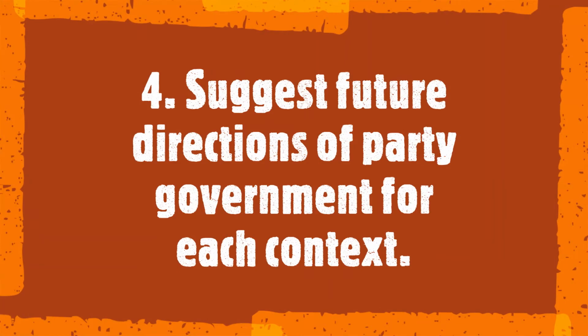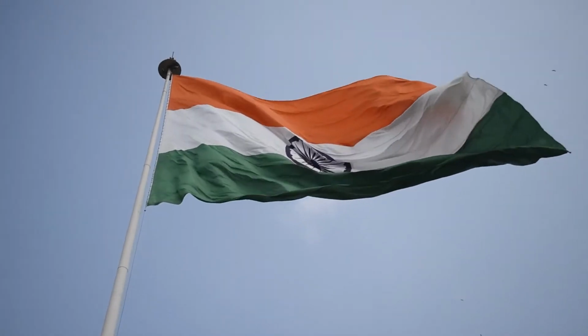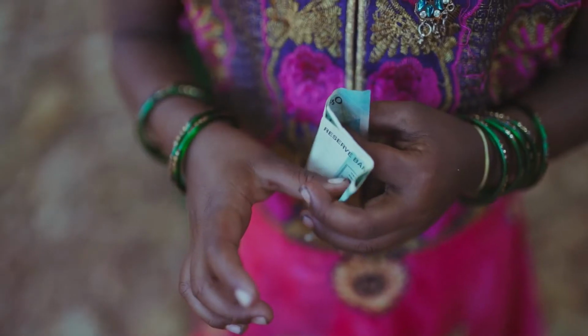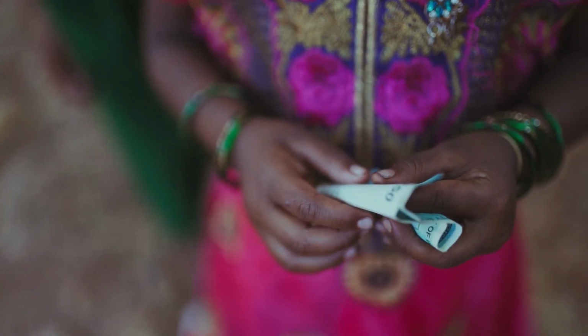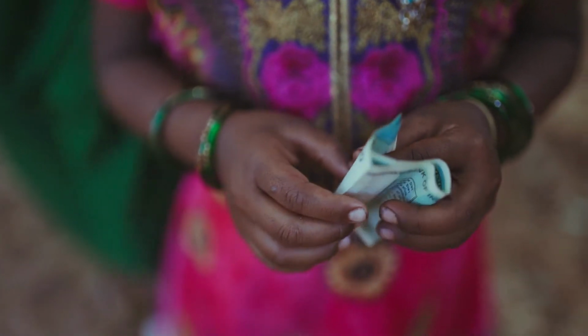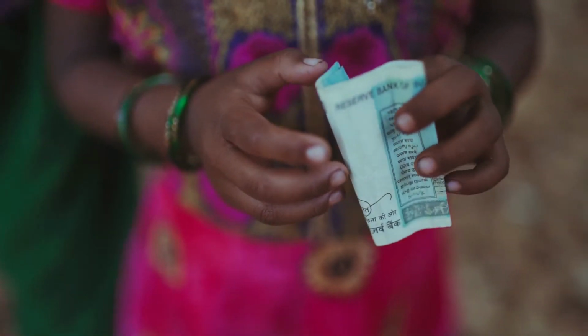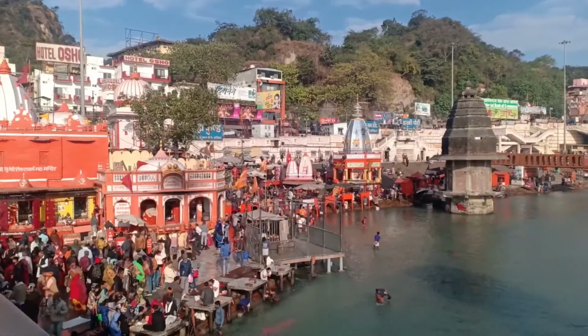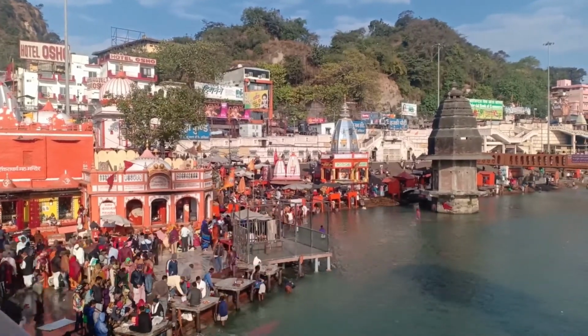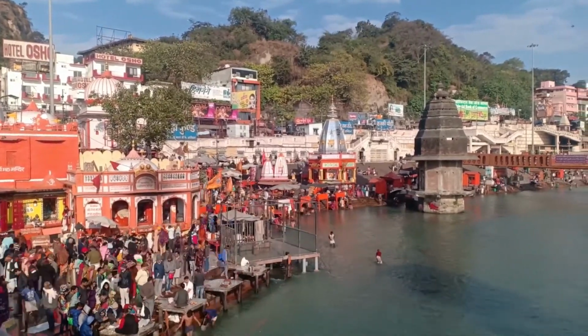Okay, so let's move to the last question, which is to suggest future directions of party government between India and the US. In terms of future directions, India, as a highly corrupted nation, should consider a rightful candidate, the one with views and ideologies that are beneficial for all citizens instead of benefiting just the rich.